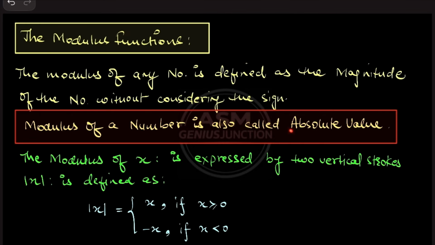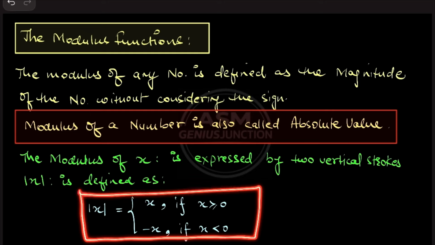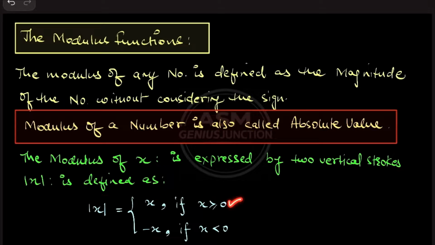The modulus of a function is also called the absolute value of the function. The modulus of x is expressed by two vertical strokes, as I told you above. If we write a modulus function, then it can be expressed as plus x for all x greater than 0 and minus x if the value of x is less than 0.